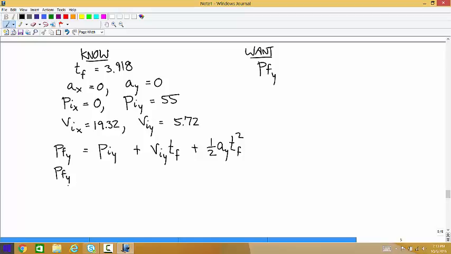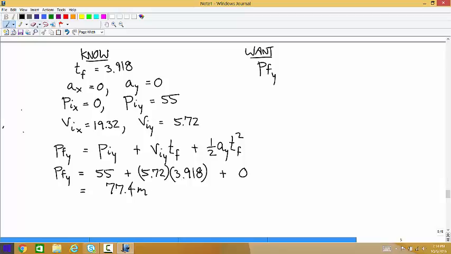So PFY is equal to 55 plus 5.176 times 3.918. And then the y component of the acceleration is 0, so that term's 0. And what do you get for this? 77.4. 77.4 meters. Okay, so is that the answer?